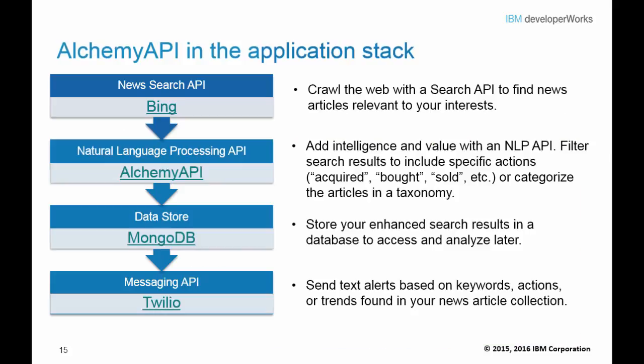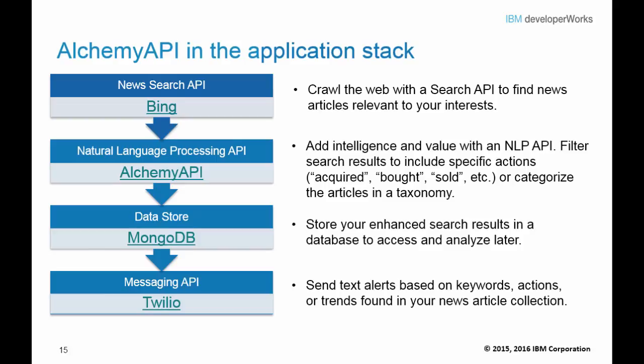Here is an example of using Alchemy APIs in an application. Call the News Search API to find news articles relevant to your interests. Then pass the results to Keyword Extraction API, searching keywords such as acquired, bought, sold, etc., along with categorizing the articles using Taxonomy API.